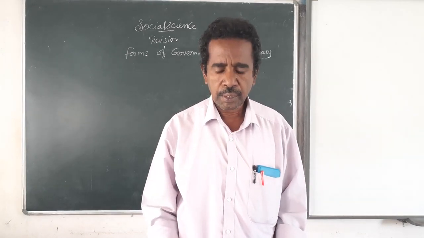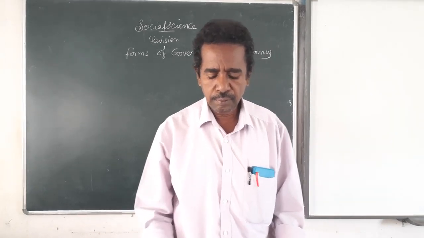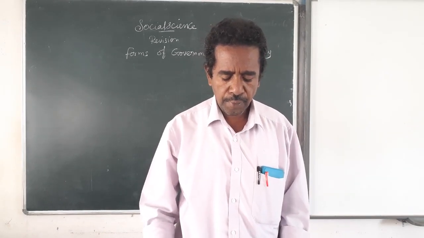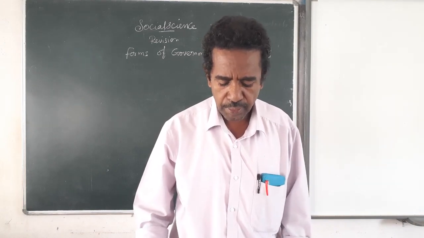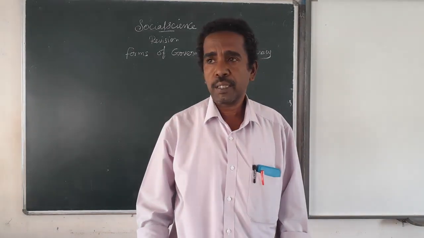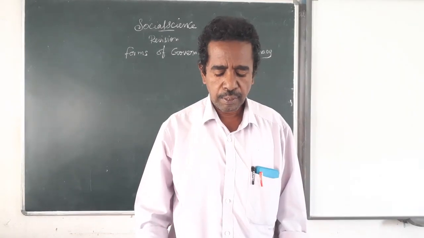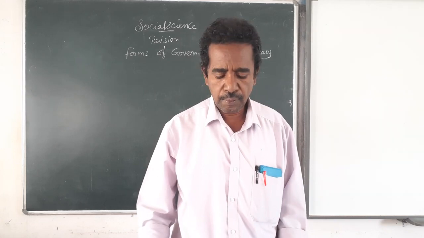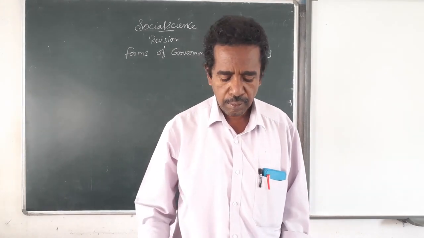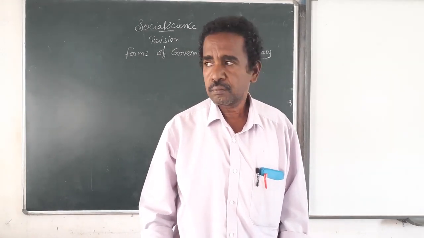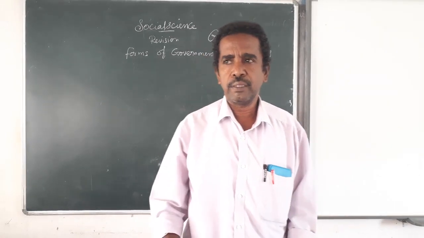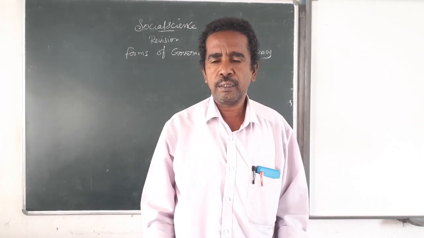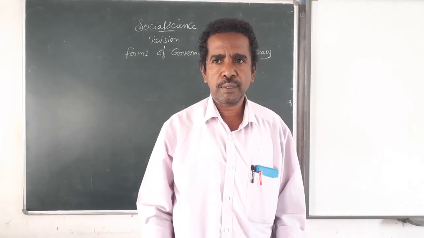All this you may have written. Then match the following: autocratic rule, that is South Korea, an example of autocracy. Right to vote, age 18. One who has attained the age of 18 is eligible to cast the vote.